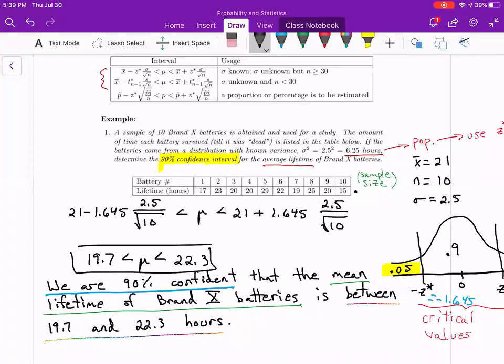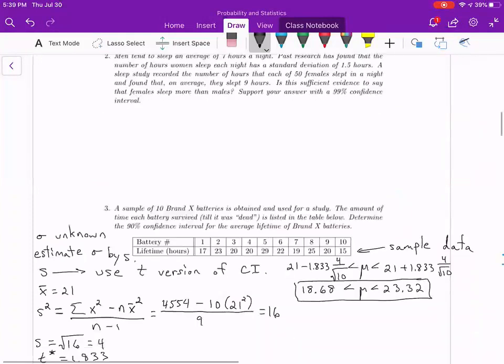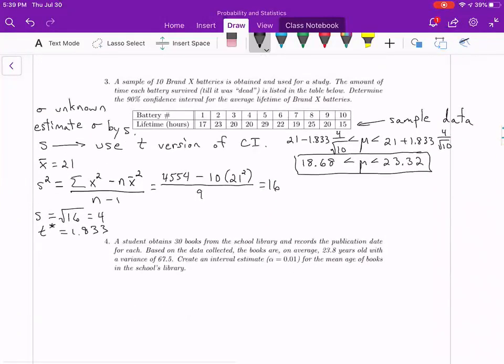Sigma was known. So there's some error inherent in the process because we had to estimate the population mean with the sample mean. But now we're estimating not only the population mean, but we're also estimating the population standard deviation. So there's more error in the scenario, which results in a wider interval. And so that is conceptually what happened and why.